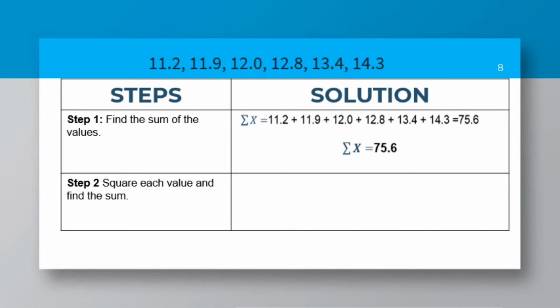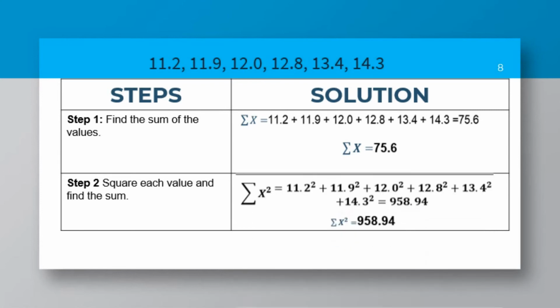In step 2, square each value and find the sum, which is 11.2 squared plus 11.9 squared plus 12.0 squared plus 12.8 squared plus 13.4 squared plus 14.3 squared, equal to 958.94.